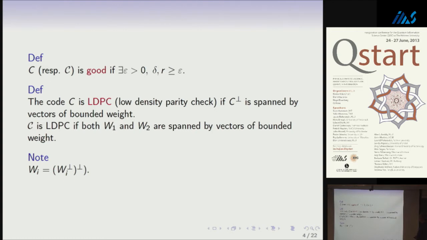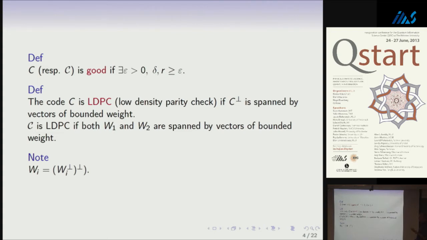For quantum code, C is LDPC if both W1 and W2 are spanned by vectors of bounded weight. You might be surprised I ask you for W2. In some sense, the important objects are Wi perp.